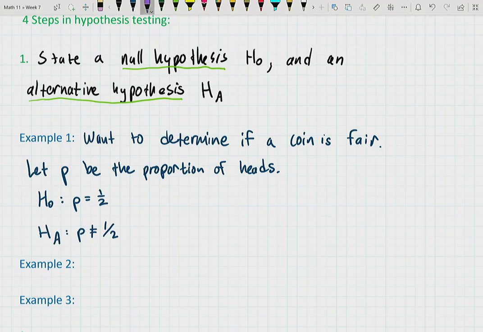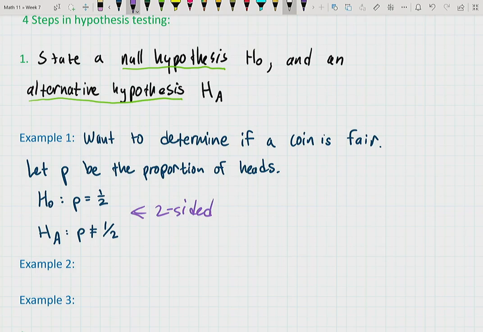This is what is known as a two-sided hypothesis test, because the alternative, it could be that it's unfair in favor of heads, or it could be that the coin is unfair in favor of tails. We're not saying which one in the alternative.